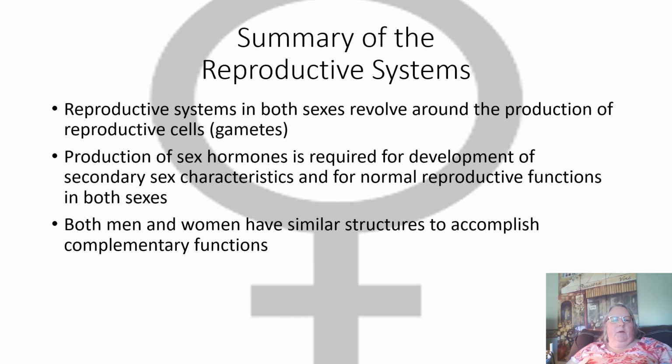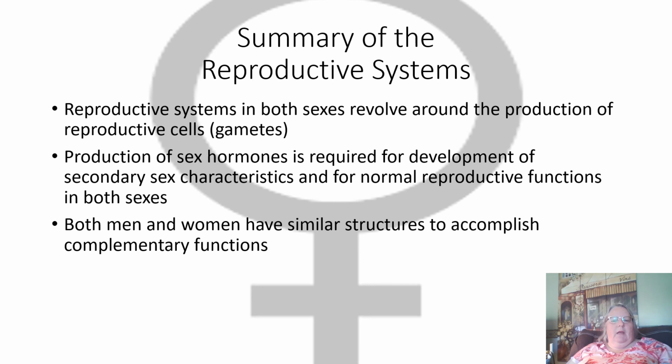Summary of the reproductive system. The reproductive system in both sexes revolves around the production of reproductive cells, which are called gametes. Production of sex hormones is required for development of sexual characteristics and the normal reproductive function in both sexes.